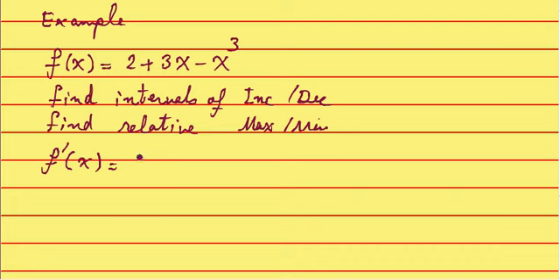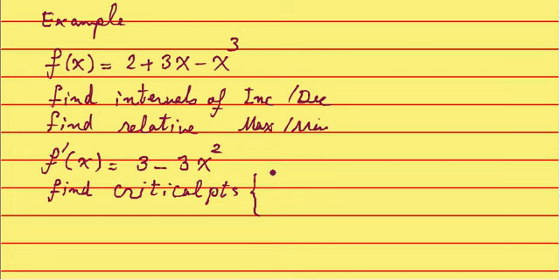Derivative of 2 is 0, derivative of 3x is 3, and the other one is minus 3x squared. I have to find critical points. Once again, what are the critical points?